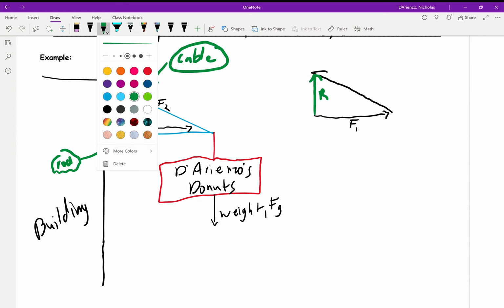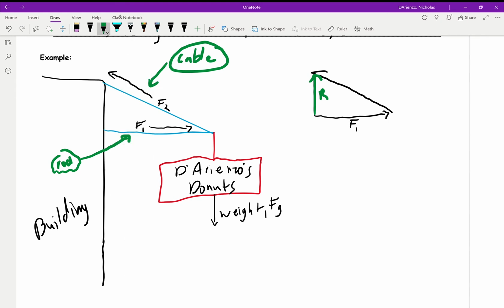And the resultant is actually the inverse of our weight. So the weight is represented downwards, so that's F sub G, which is equal in magnitude but opposite in direction to the resultant of the force of the rod and the cable. So this diagram would be used to show all the forces acting on the DiRienzo's donut sign.